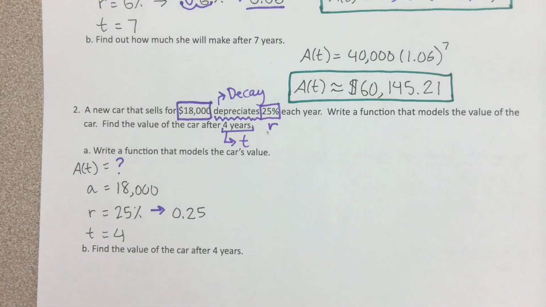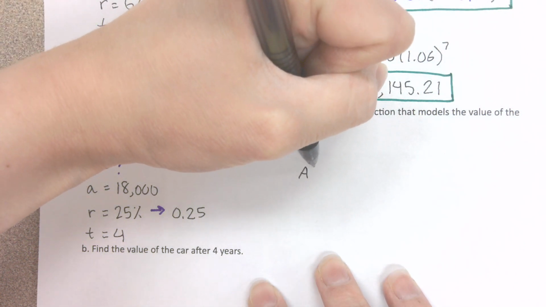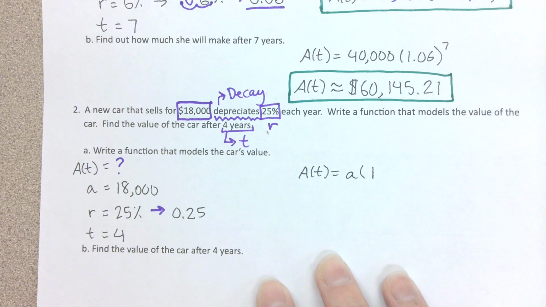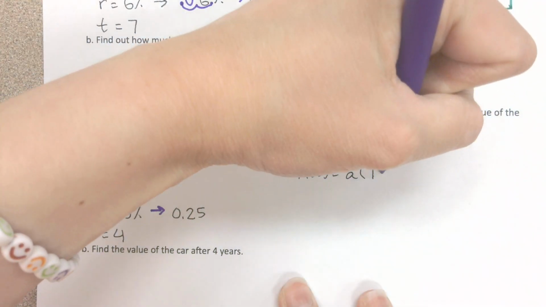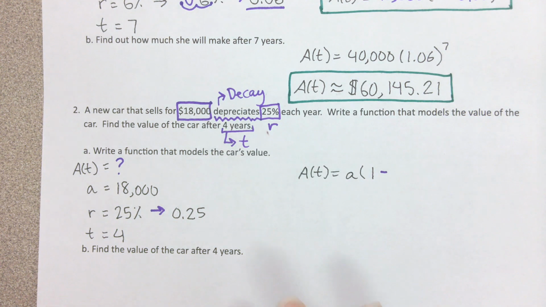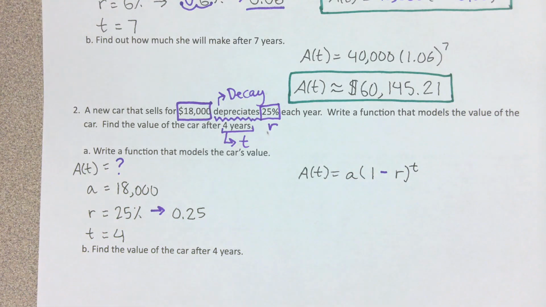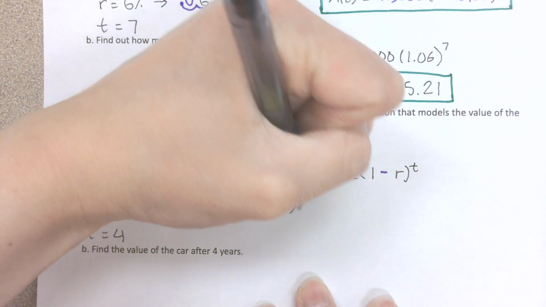That's what we need to find. All right, let's build the equation. Big A of t is equal to little a times 1. This is decay, so it's 1 minus r to the t value. Plug everything in.